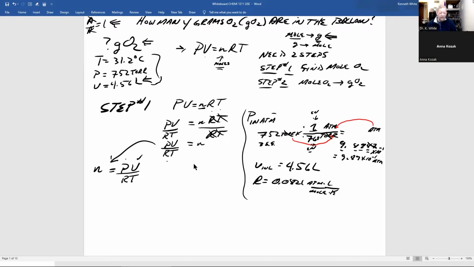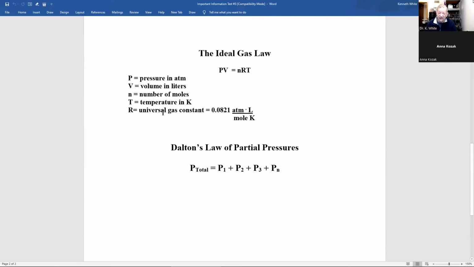And now what do we have left? Temperature. And temperature has to be in Kelvin. And no, that's not ink, that's K. In case you forgot, here in important information, temperature in Kelvin.